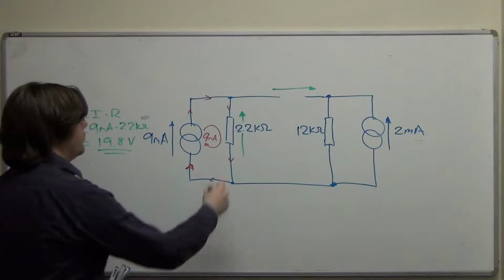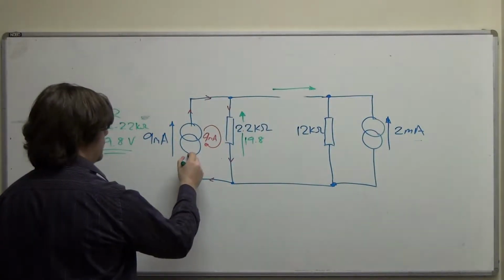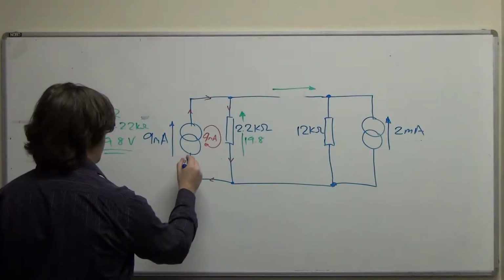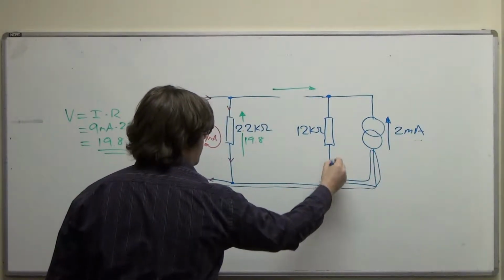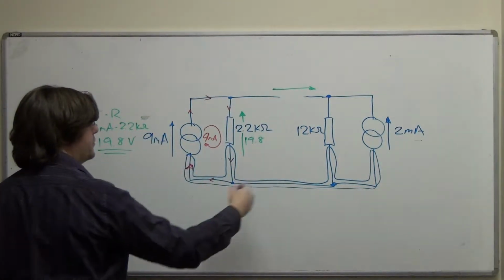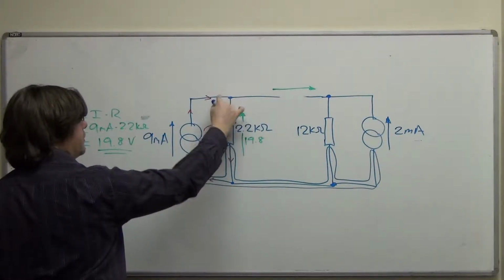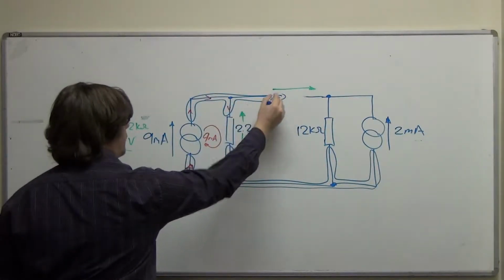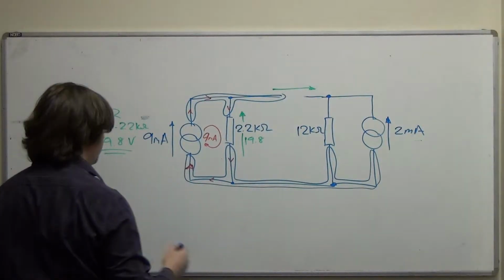So I've got 19.8 there, and if we assume that all this stuff here is my reference, I've got 19.8 volts more on this node here, 19.8 on that, above this reference node.